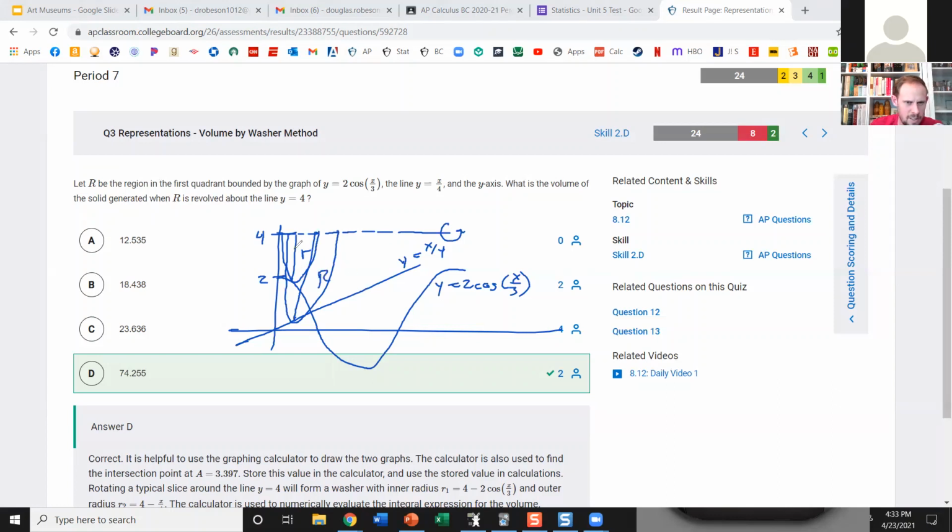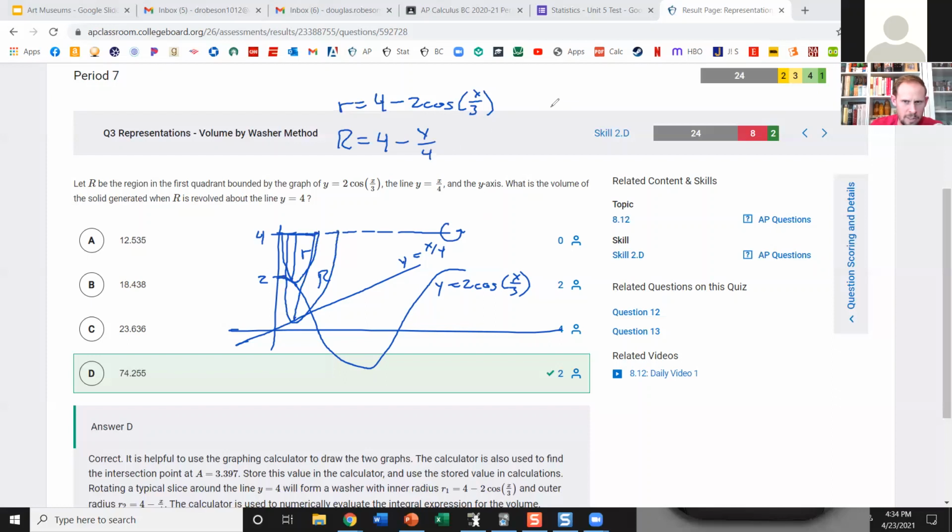All right, so little r is the distance between 4 and the cosine. So little r will equal 4 minus 2 cosine of x over 3. Big R is the distance between 4 and this line. So it's going to be 4 minus x over 4.